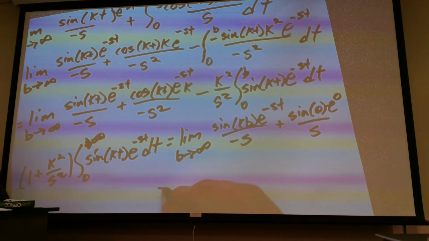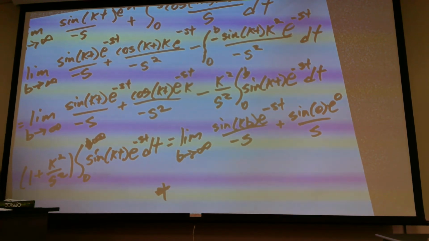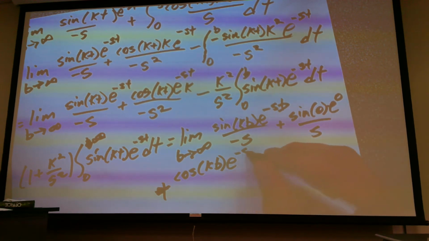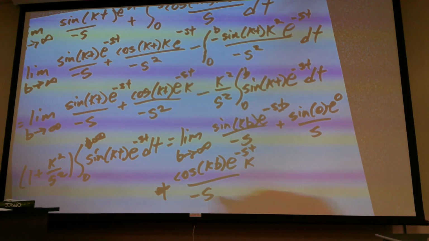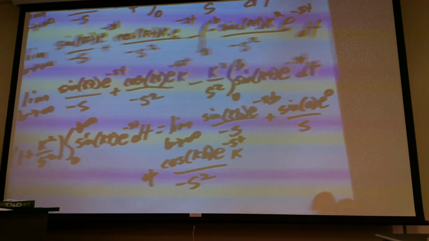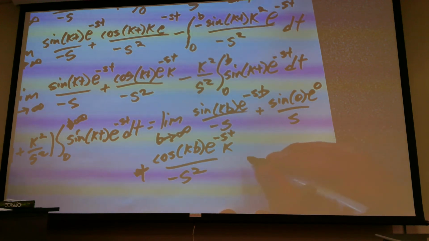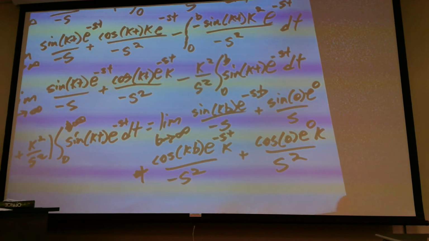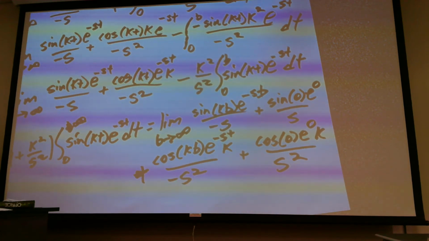And this would be plus cosine of kb, that's b not t, e to the minus sb times k divided by negative s squared, okay? Let's keep going. And then plus cosine of 0 e to the 0 times k divided by s squared. Ooh, that's a lot.